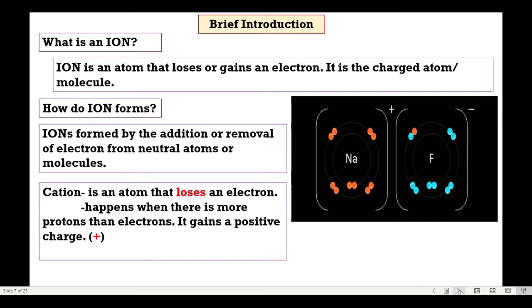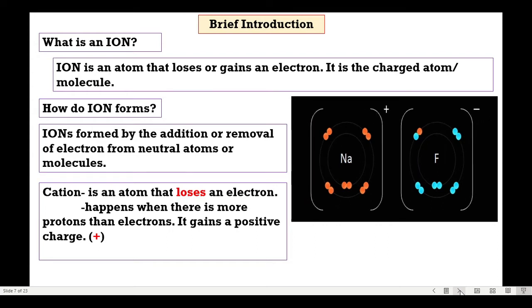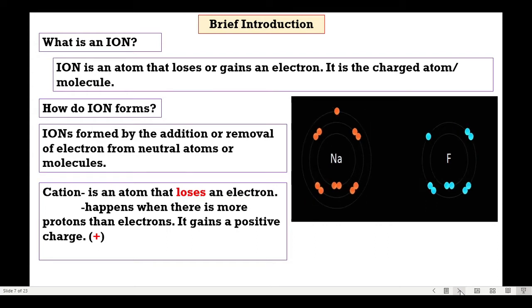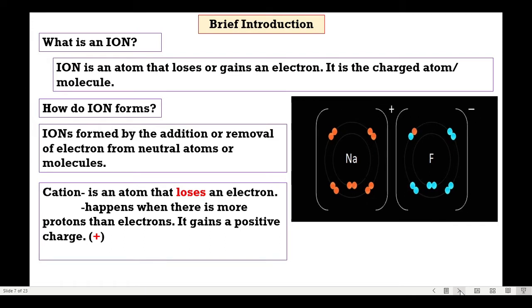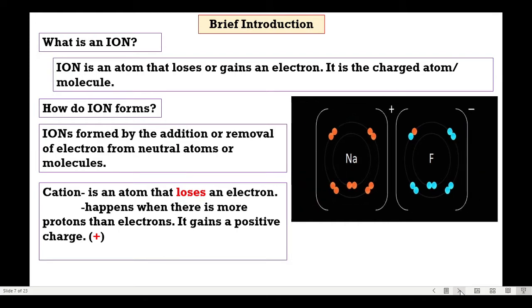May dalawang uri ng ions. Tatawagin natin cation and anion. Kailan tatawagin cation? Cation is an atom that loses an electron. So, sa case ni sodium, yung isa doon na lumipat kay fluorine, yung positive charge na nakita nyo, cation yun. It happens when there is more protons than electrons.